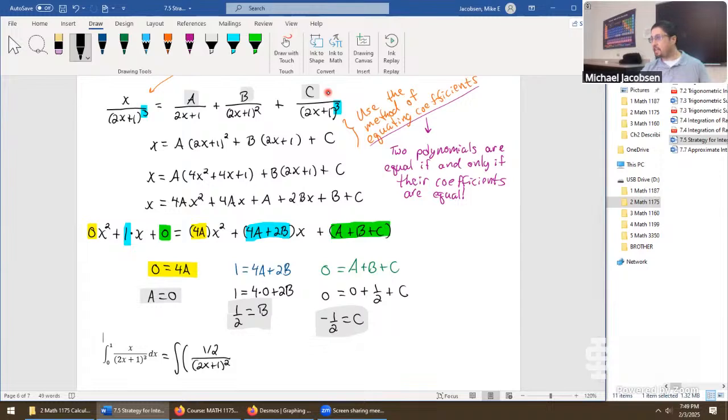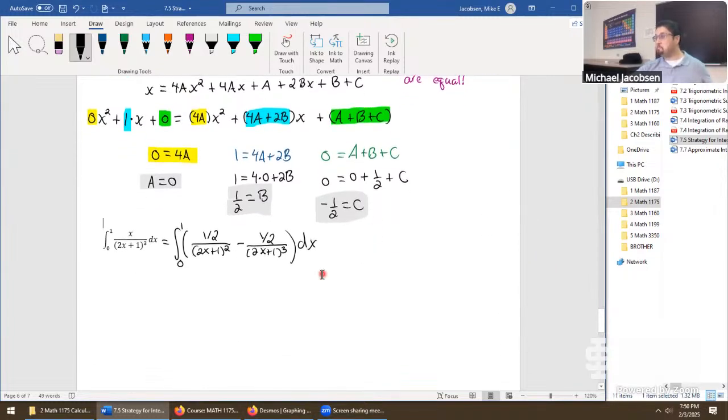C coefficient is a negative 1/2 over 2x plus 1 cubed. And I keep forgetting this is a definite integral. We need to evaluate this from 0 to 1, and then we'll be home free.